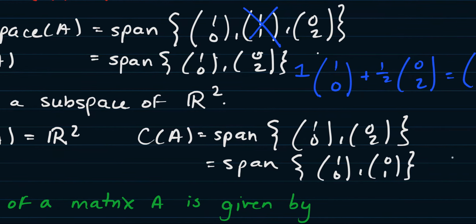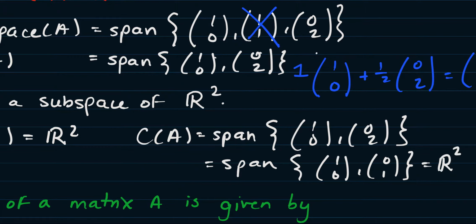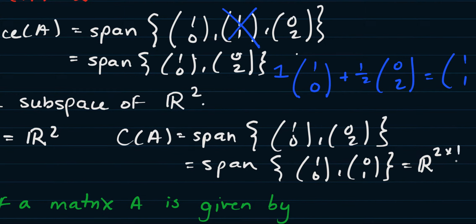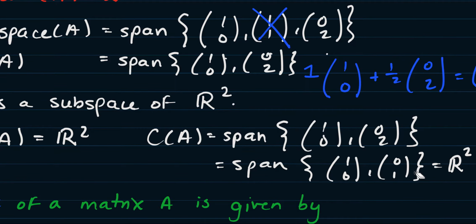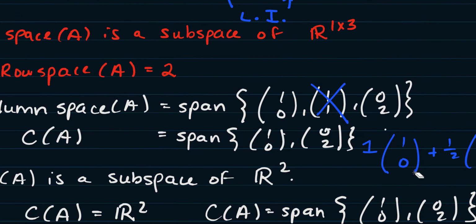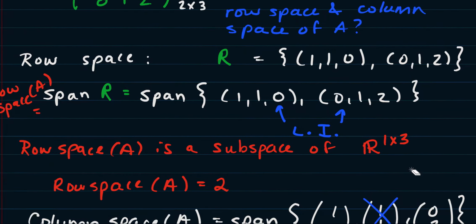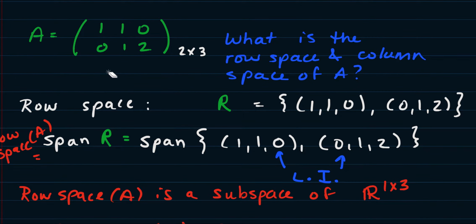So this is R2. And if you want, you can say R2 by 1, but if we don't put a 1 here, that's okay, because we know we're talking about R2. So we found the column space and the row space of this matrix.